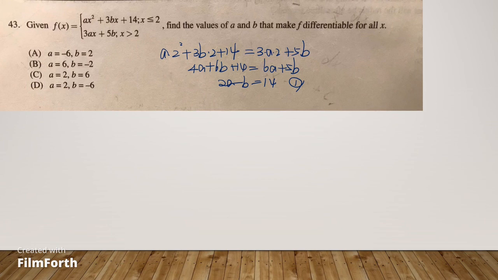The second step, in order to be differentiable, the next condition we need to satisfy is if we plug 2 into both pieces of the function, we should get the same derivative. So first, we need to take the derivative of the 2 pieces of the function.